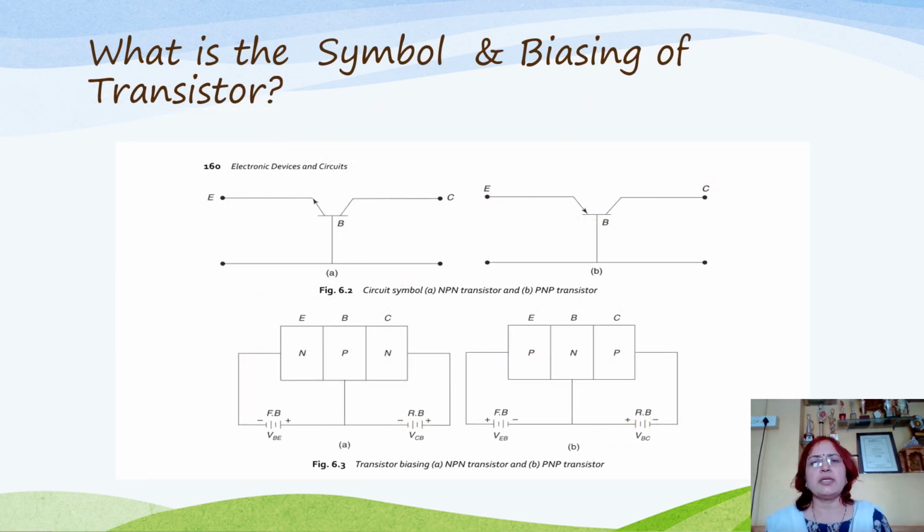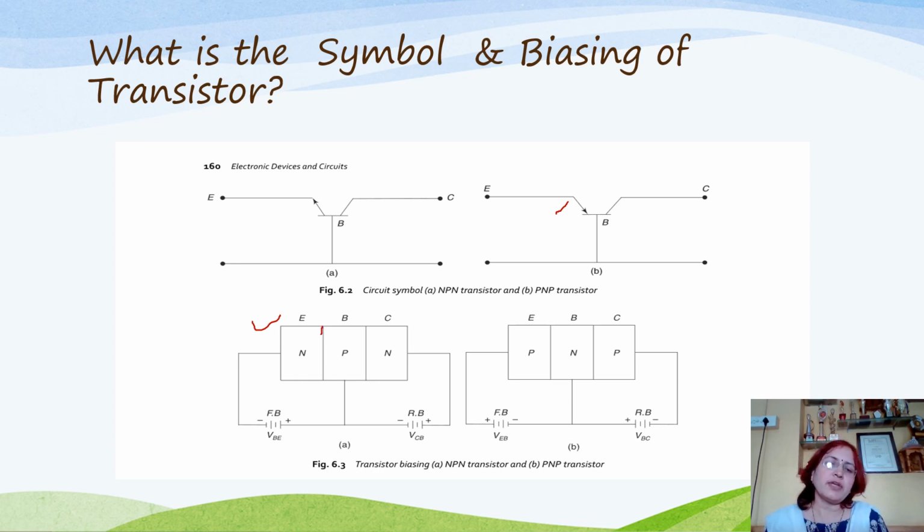Here we are going to see the biasing of a transistor. So two transistors are shown here, symbol for NPN transistor and symbol for PNP transistor. Now come to the figure A. Here the construction of NPN transistor is shown and biasing is done. First we want to see the emitter base junction and collector base junction of a transistor.